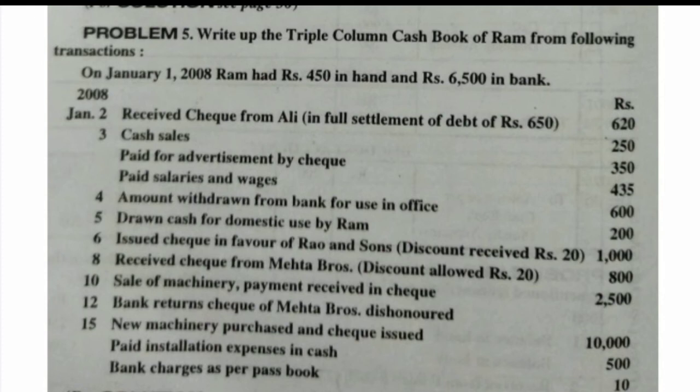So bank is on the debit side in the cash book, to Ali account 620 in the bank column and rupees 30 in the discount column.